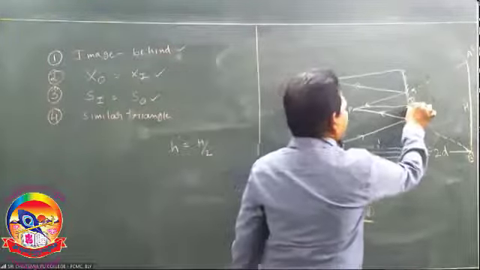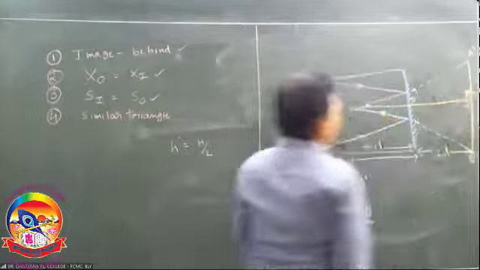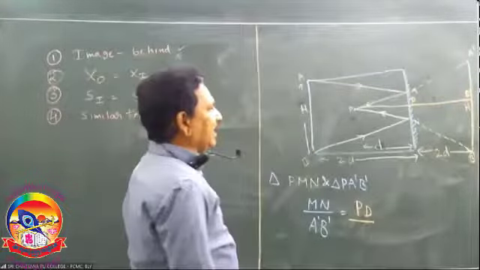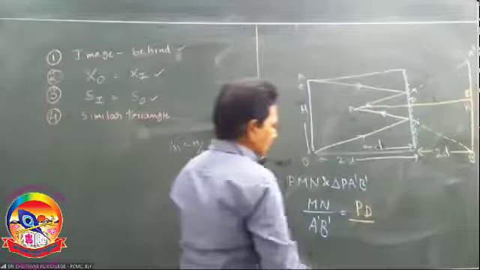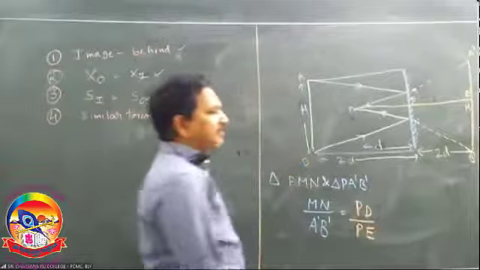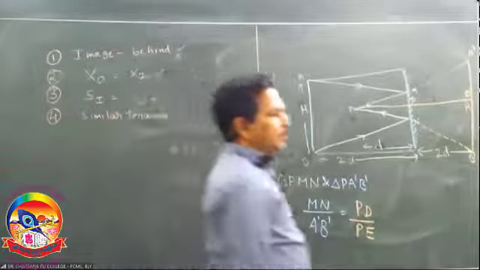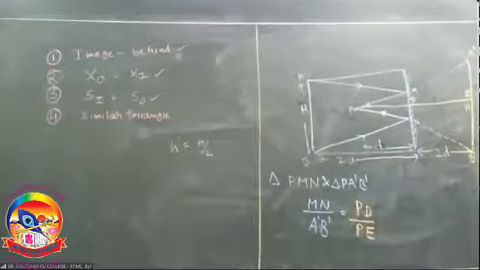Extend this line to some point E. What is the altitude of that bigger triangle? P to E. Altitude PE. Let me repeat: I took two similar triangles.